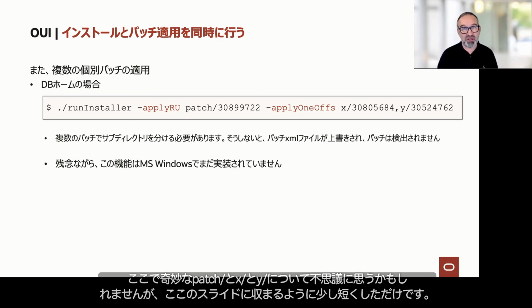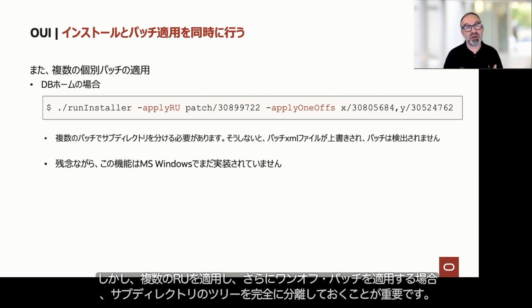And you may wonder about that strange patch /x and /y. I just shortened this a little bit to fit on the slide. But when you apply more than one RU, and also one-off patches in addition, it's important that you keep the subdirectory trees completely separate.